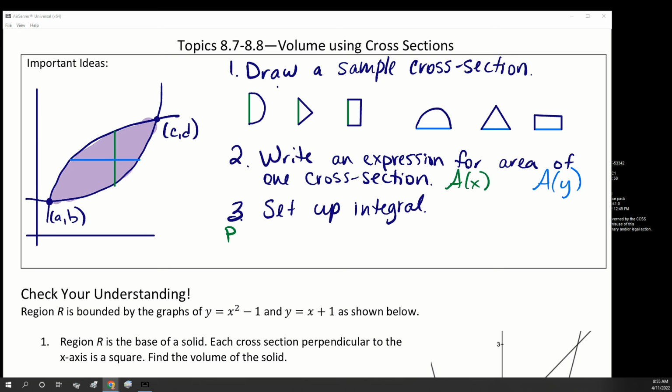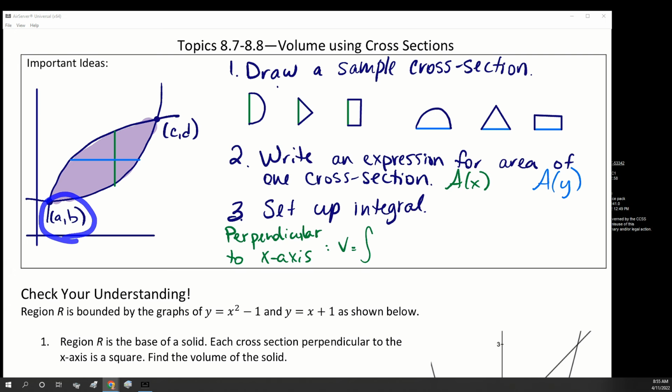Perpendicular to the x. The volume is going to be the integral. And then what do you think your upper and lower limits are going to be if it's a perpendicular one?